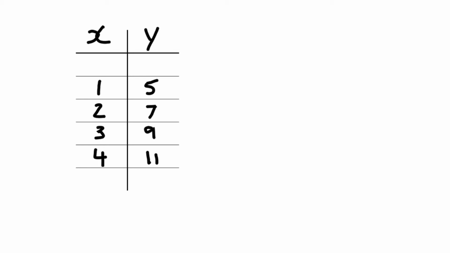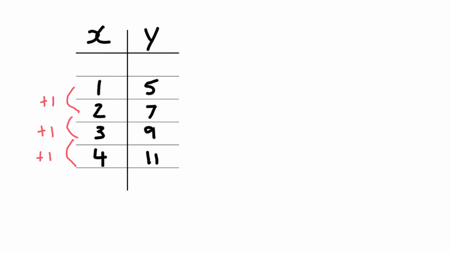First, we have to look at how the values for x change in relation to the values for y. So if I'm looking at the x values, one thing that I notice is they are going up plus 1 each time. So from 1 to 2, it's going up plus 1. From 2 to 3, it's going up plus 1. From 3 to 4, it also goes up plus 1.